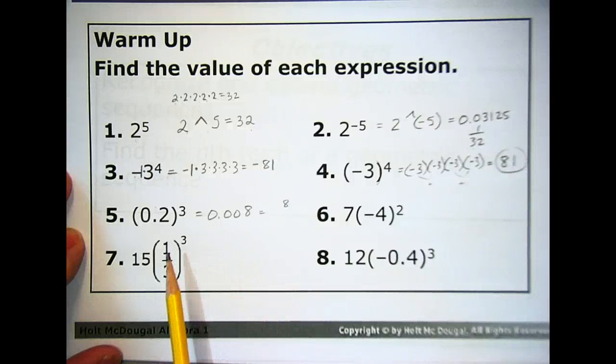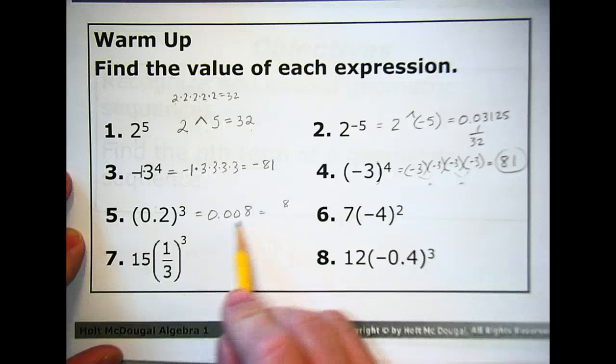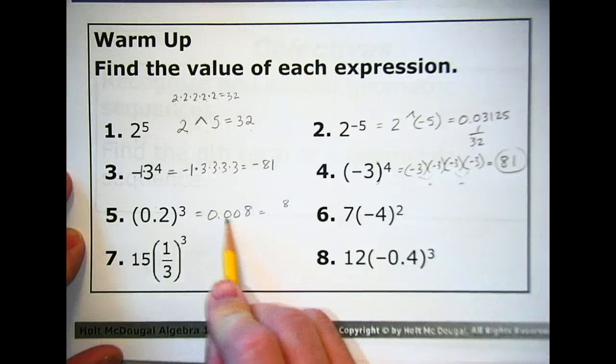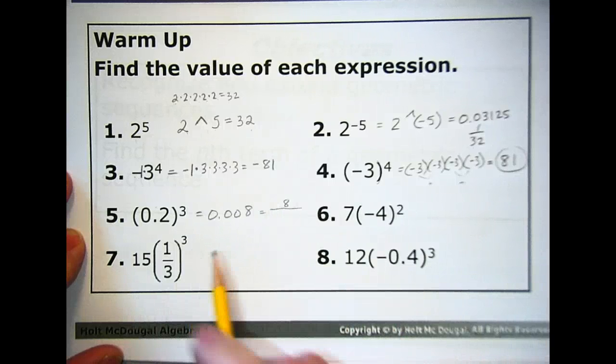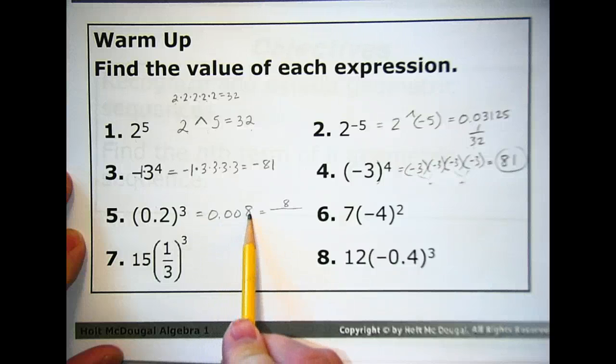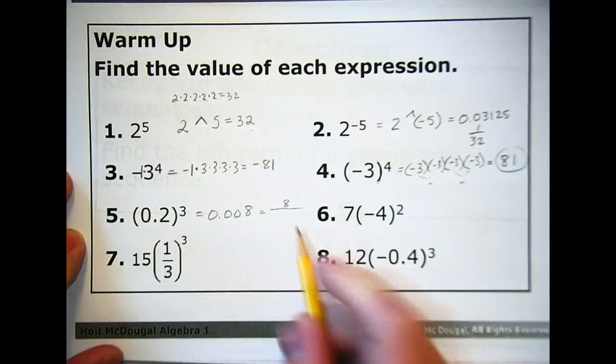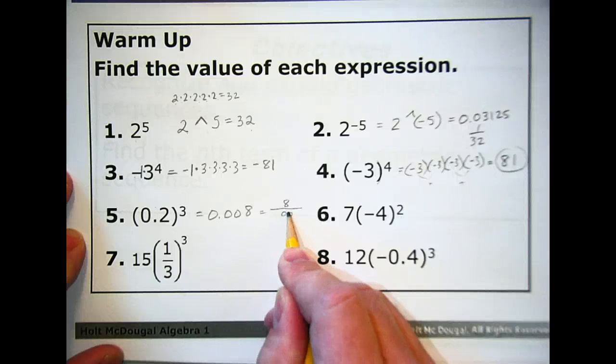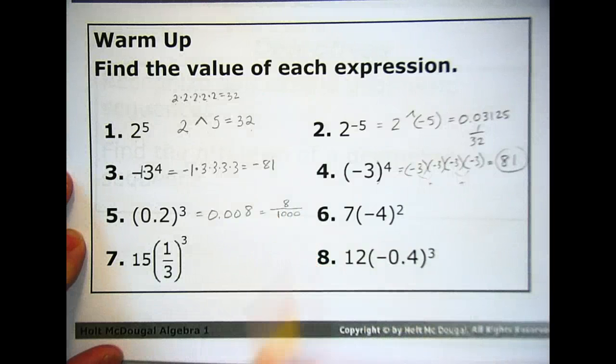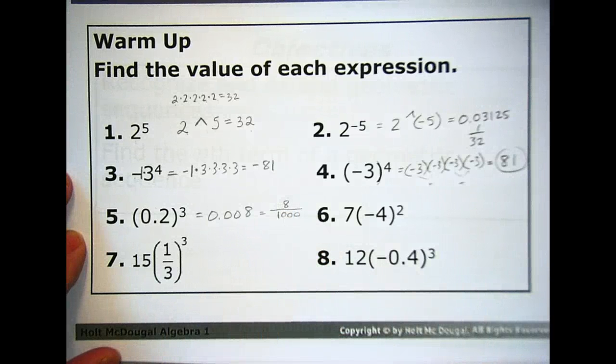What's it say? 8 thousandths. Good. Notice it's a base 10, so how many numbers are behind the decimal? 3. So that means your denominator is going to have 3 zeros in it. A 1 with 3 zeros. 8/1000ths, which is 4/500ths or 2/250ths or 1/125.